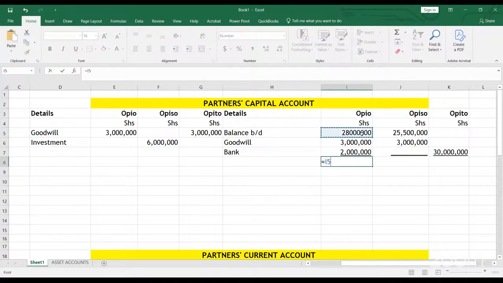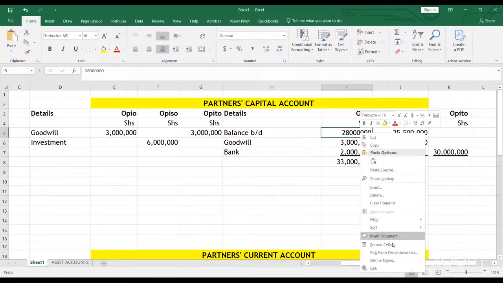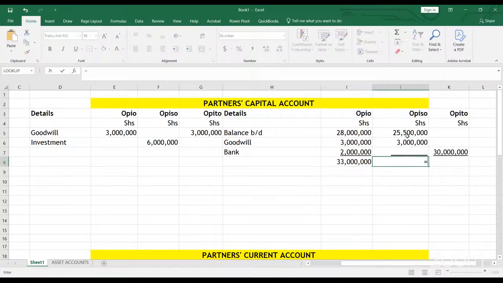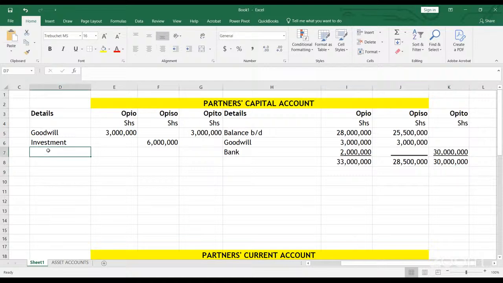So you add this plus this, which gives us 33M. Then this will give us around 28. You know how to balance an account.